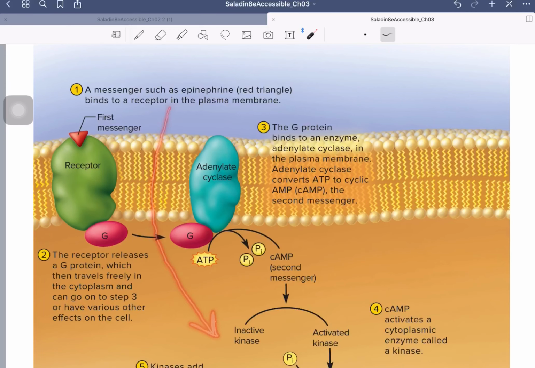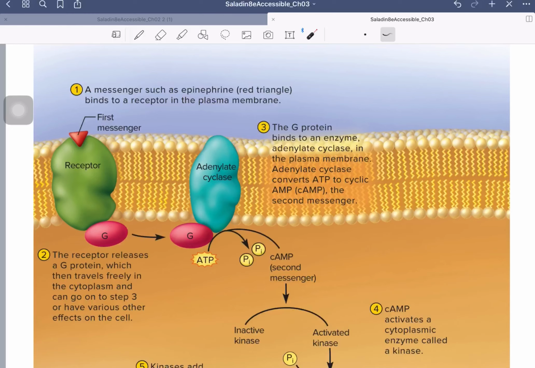Some substances can come straight into the cell, but many of them can't because of their chemical nature. If they try to enter the cell, they're just refused entry. So this is a system that allows those types of chemicals to transfer the message to the inside of the cell.